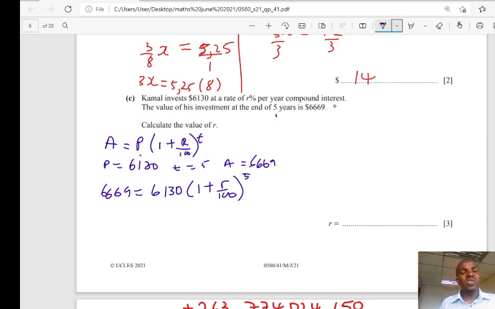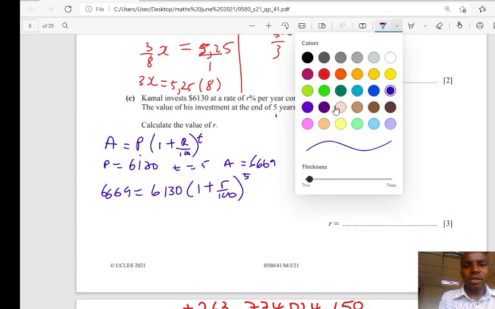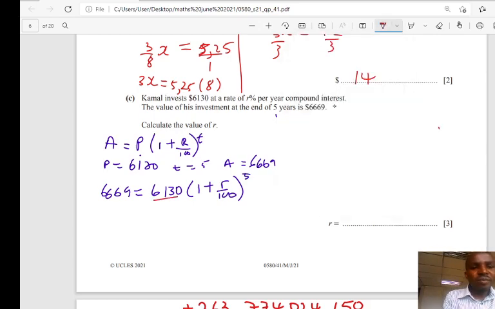Then you just simplify to find the value of R. First, you can divide by 6130, because you can't remove the bracket. Please take note. You have to remove the power first if you want to remove the bracket. So in this case, you can't say 6130 times 1. No, that's very wrong, because there's a power there, 5. So you just divide by 6130 both sides.